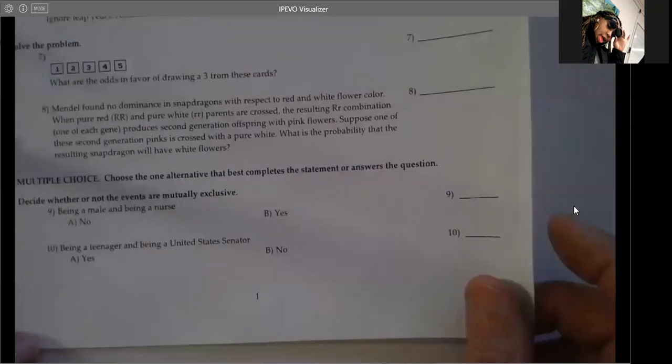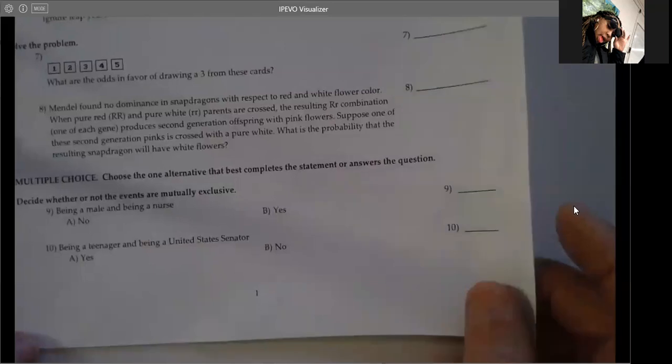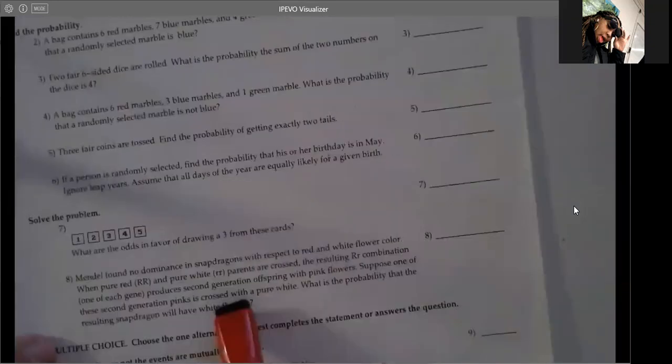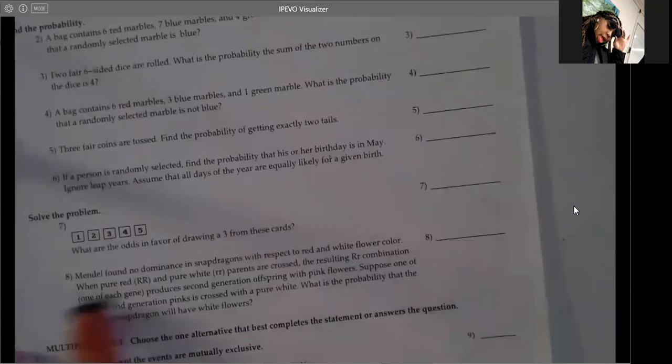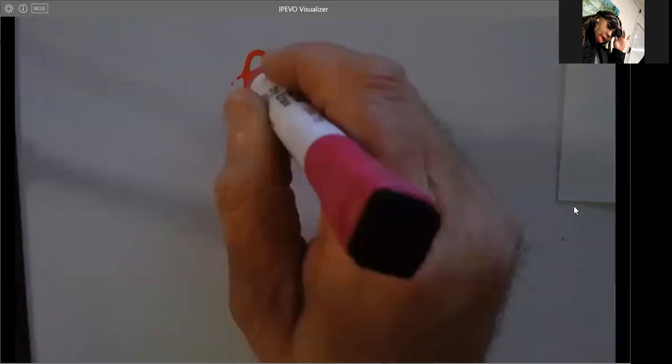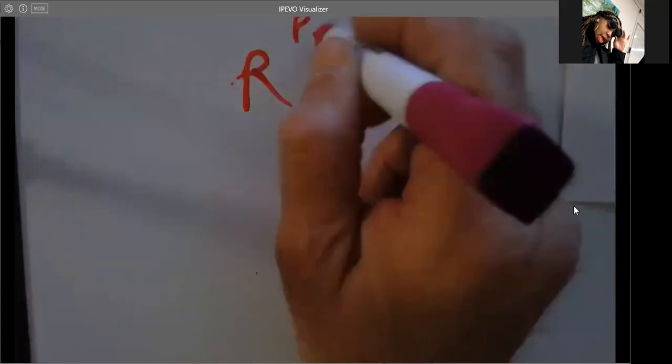Did you still need to see it, or are you okay? Well, let's go ahead and do it. Basically, the first part is just explaining it. Suppose one of the second generation pink, so we've got pink, which is uppercase R, lowercase r, is crossed with a white.